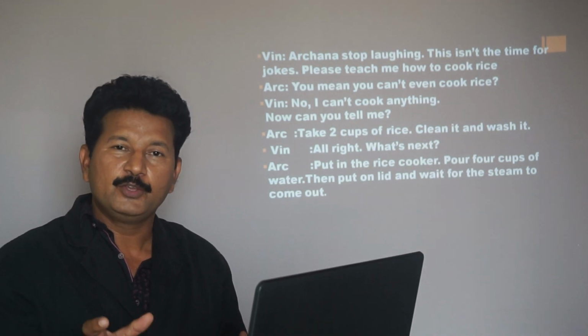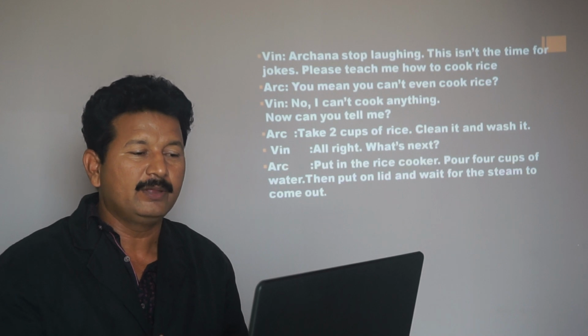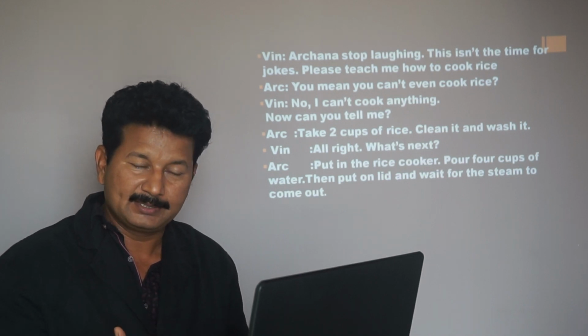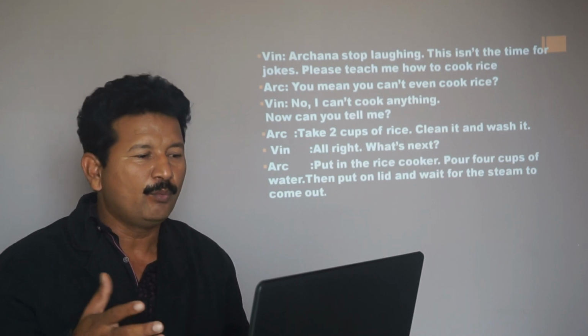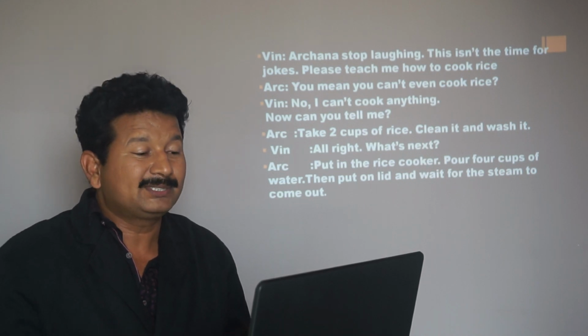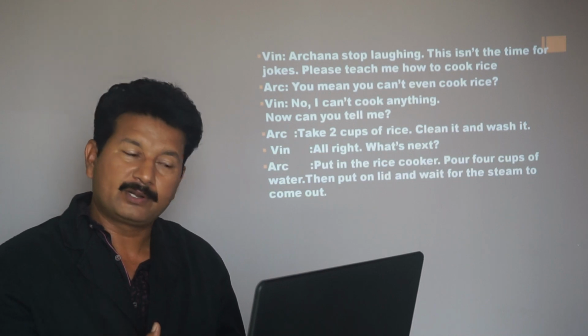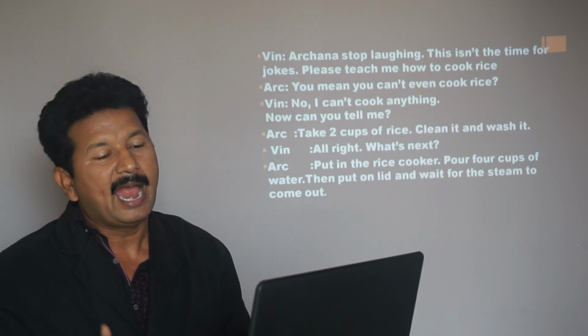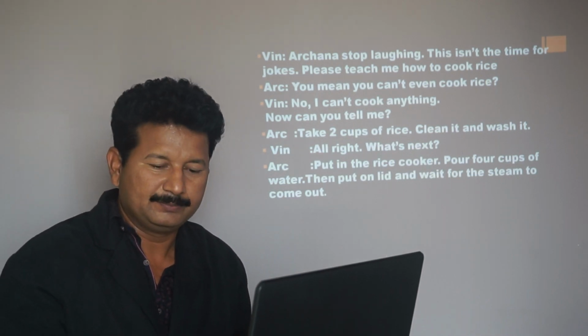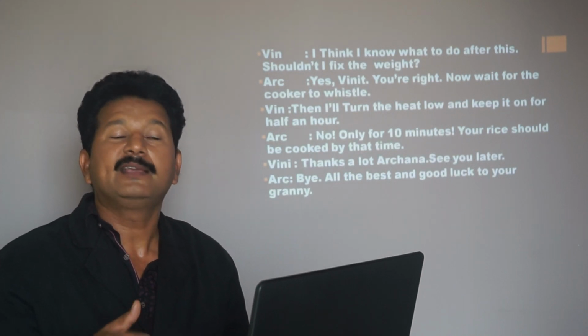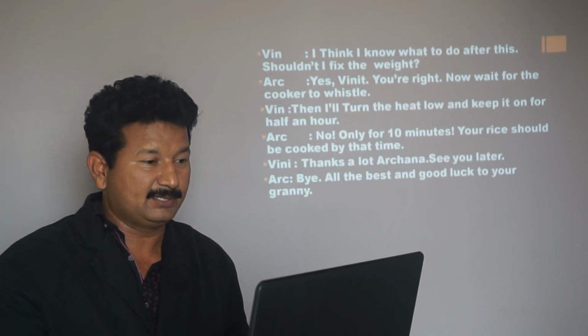Now this is where you can use all the instructions like take 2 cups of rice, clean it, wash it. Alright, what's next? Put it in the rice cooker, pour 4 cups of water, then put on the lid and wait for the steam to come out. I think I know what to do after this.